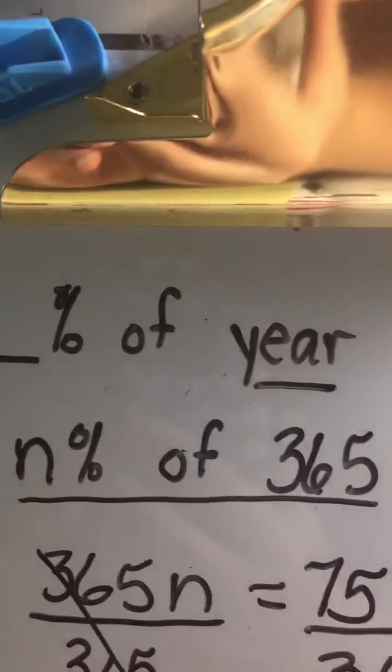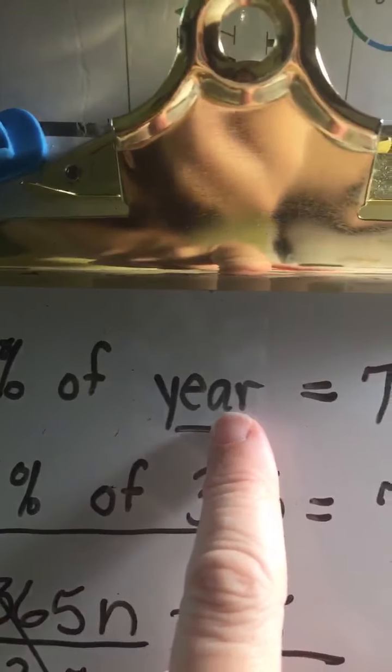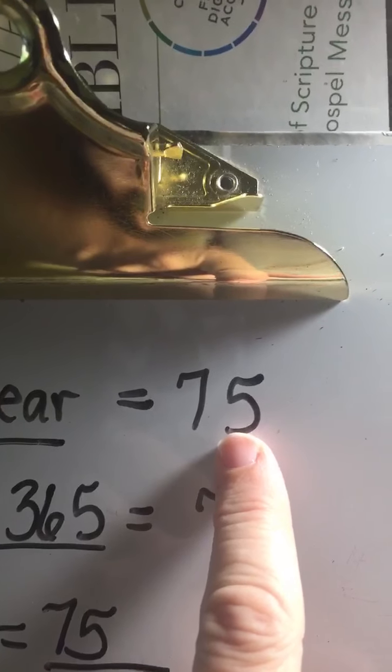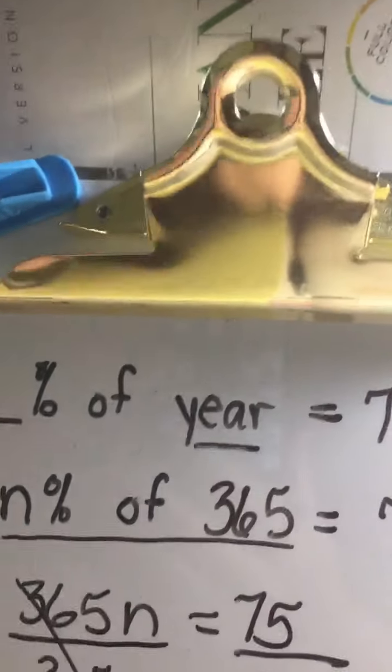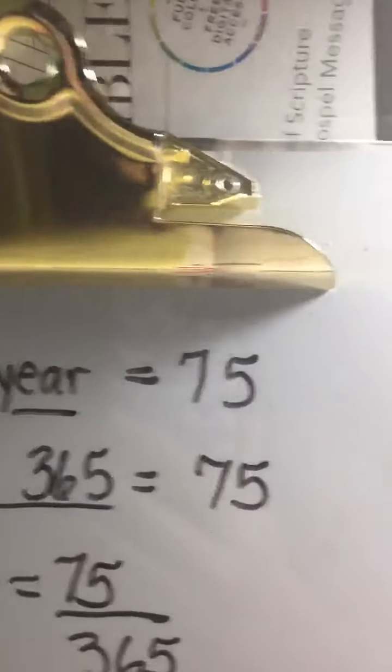But remember, when you're reading these problems, you need to read the story problem, and then you need to set it up like we've been doing with the percent of, and then a number or a variable, and then another number here. When you set it up this way, then you can see what the next steps are going to be for you to do.